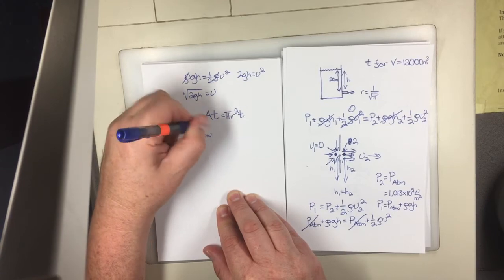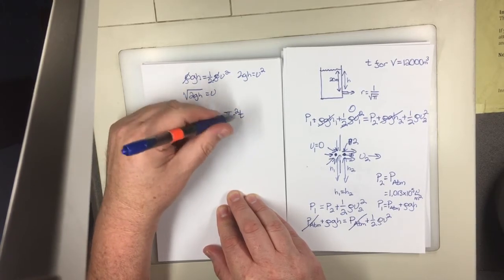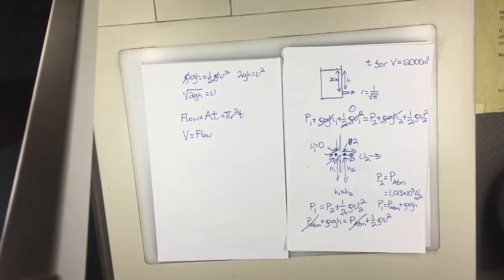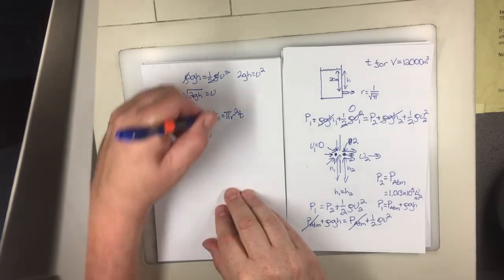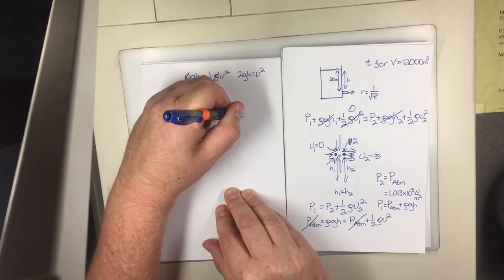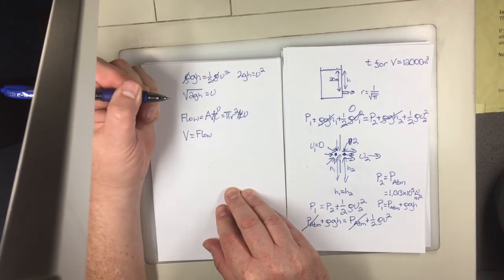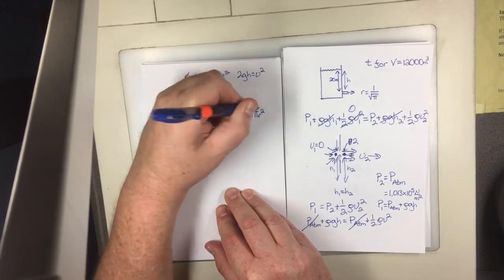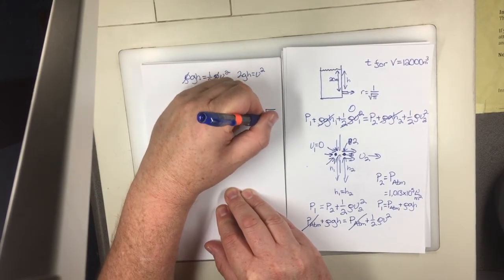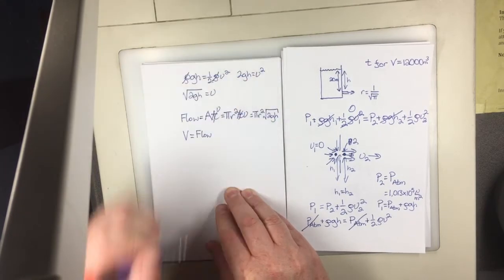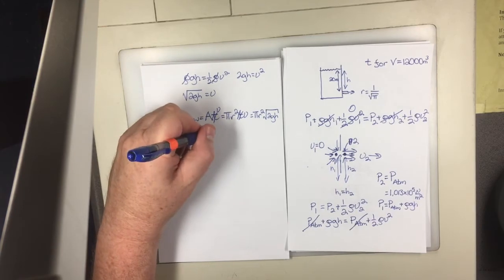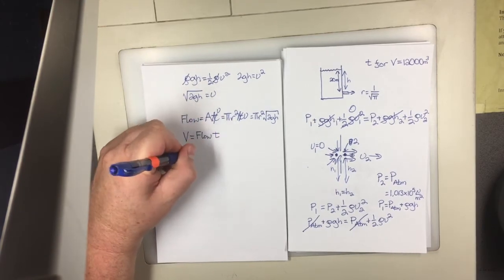What did I do wrong here? What should this be? Flow is not area times time. Flow is what? Area times velocity. So you get that. Now, volume is flow times time.